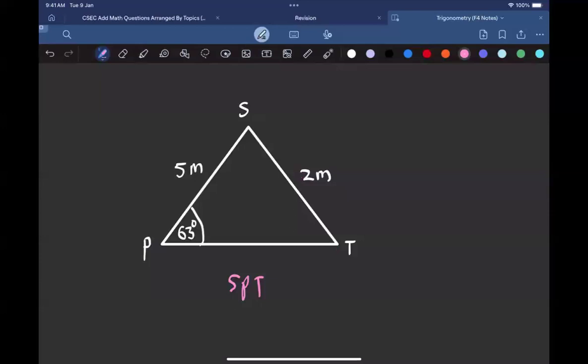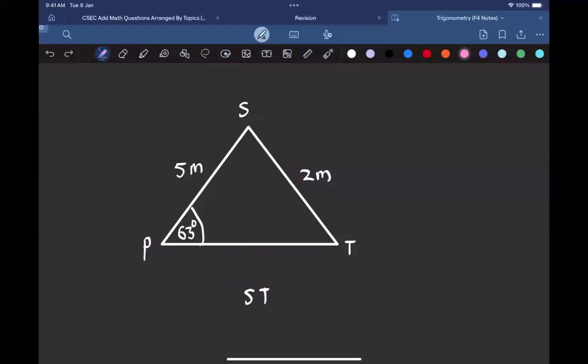So what are the sides this angle is between? T and P. No, P will be over here, but you don't know the side of S. So is it an included angle? Oh, no. You catch it now.